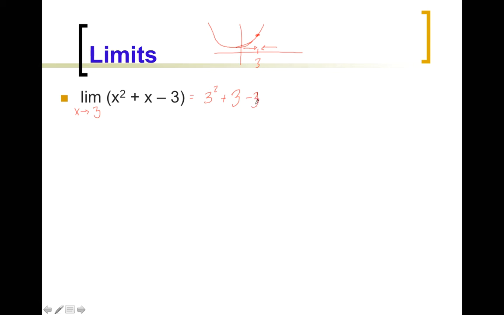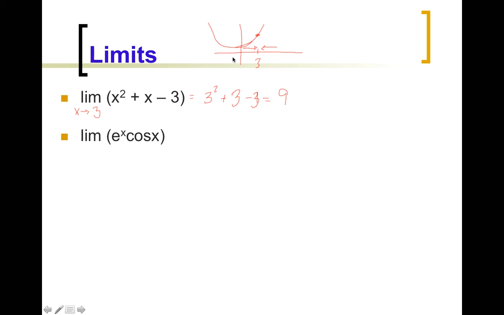If I plug 3 into this function, I get 9. That means the limit of this quadratic function as x approaches 3 is equal to 9. Basically, x equals 3 is not a discontinuous point. The function goes through the point (3, 9).